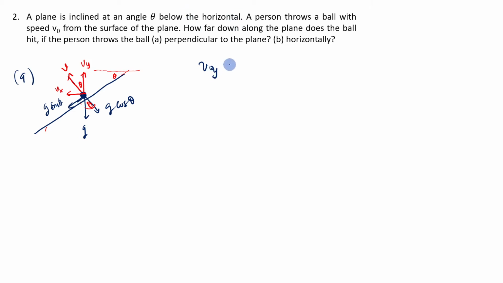So we get the equation Vy equals V0 minus g cos theta times t. The velocity at the top is 0.